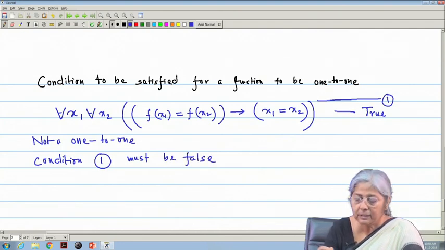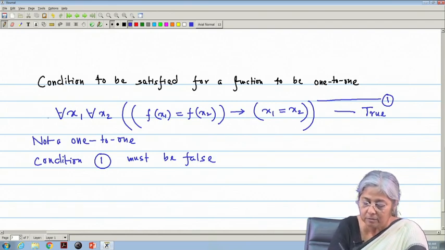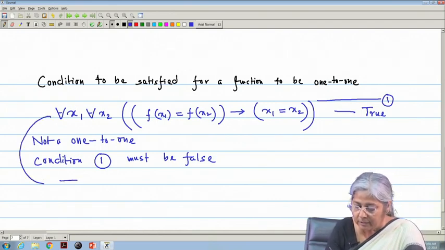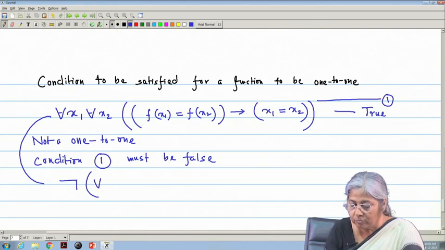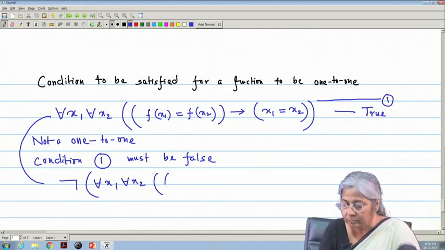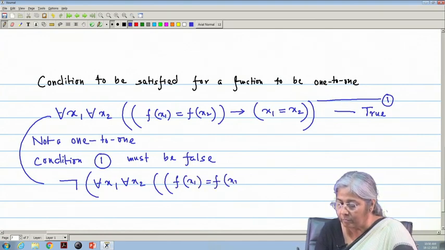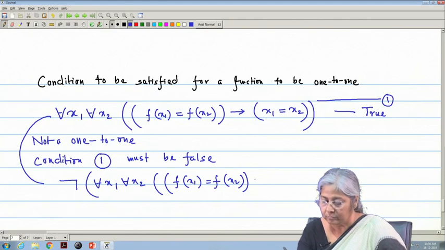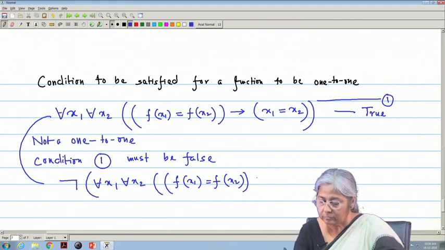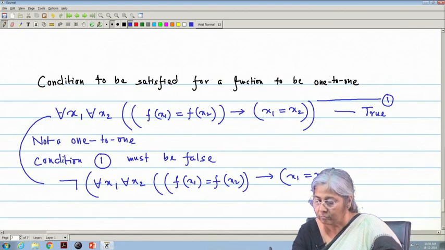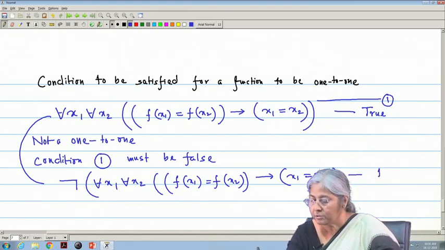So, if I take the negation of that thing, then that negation must be true.